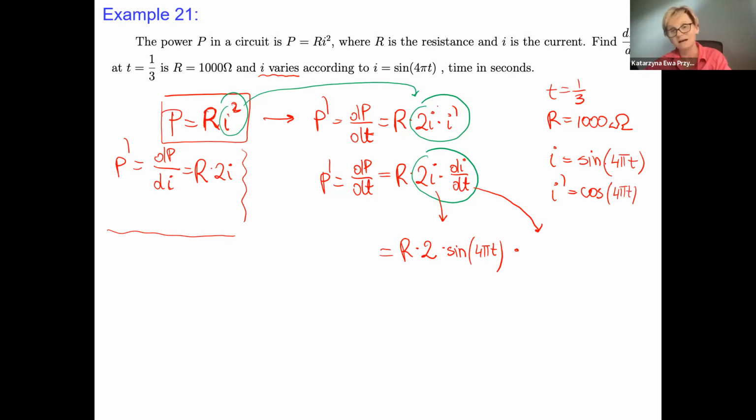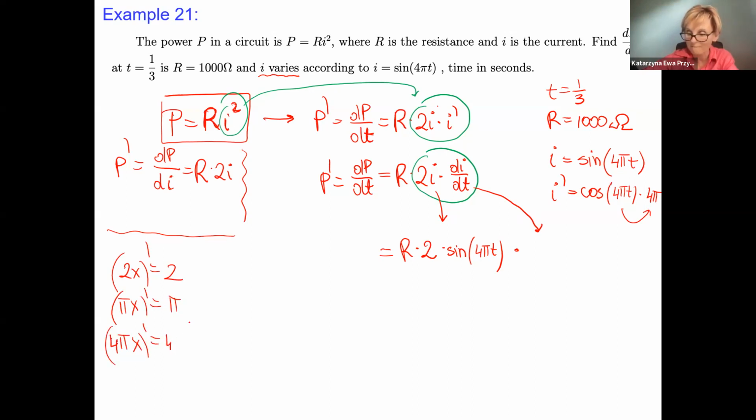The derivative of sine of 4 pi t is cosine of 4 pi t times the derivative of the inner quantity. The derivative of 4 pi t, where t is the variable, is 4 pi, like the derivative of 2x is 2, of pi x is pi, of 4 pi x is 4 pi. Our x is t. So the derivative is cosine of the same inner function, 4 pi t, times 4 pi, the derivative of the inner function.